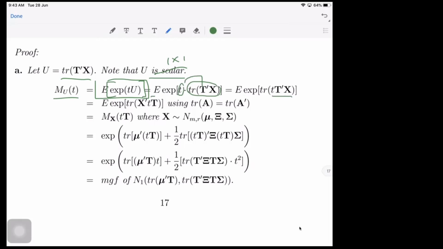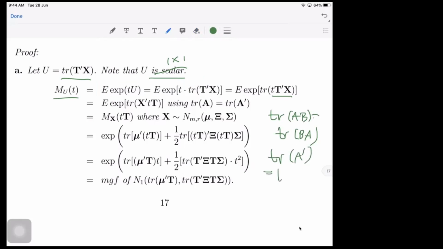And then by property again of a trace, the trace of AB is equal to the trace of BA, and also the trace of A prime is equal to the trace of A. So ang primero gibuhat, the trace of primes.